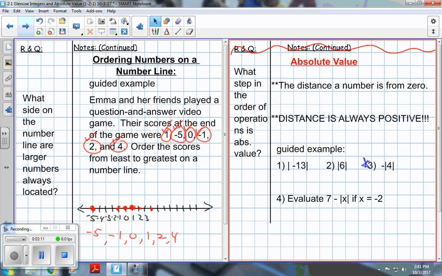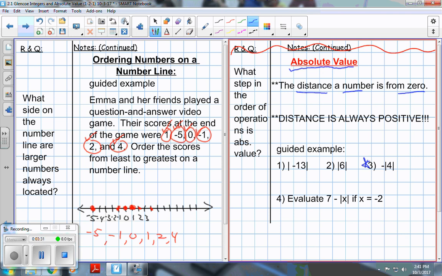Okay, welcome back. So what we're focused on here is our wonderful concept of absolute value. And what absolute value is, it's a distance a number is from 0. So it's how far it is from 0. And as you may have realized in life, there are no negative distances.